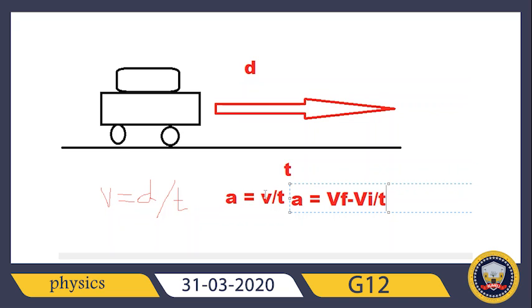Since the velocity is constant, Vf equals Vi, so Vf minus Vi equals 0, and 0 divided by time is 0. If the car is slowing down, the acceleration must be negative. If the car is speeding up, the acceleration must be positive.